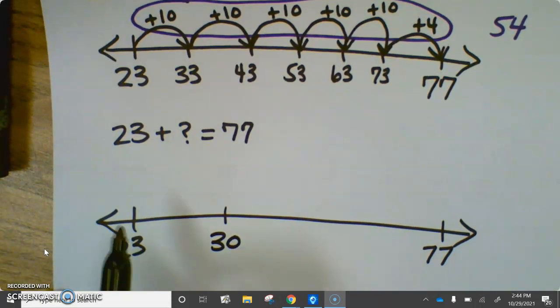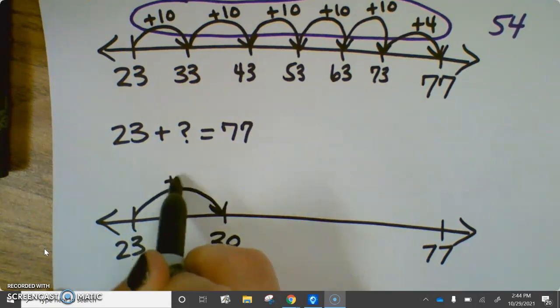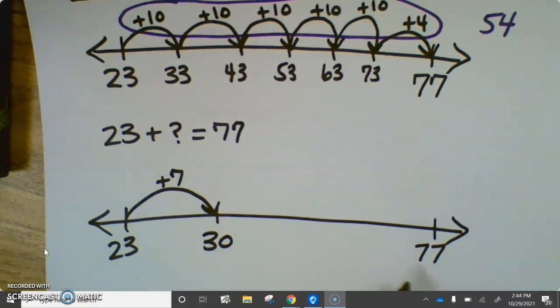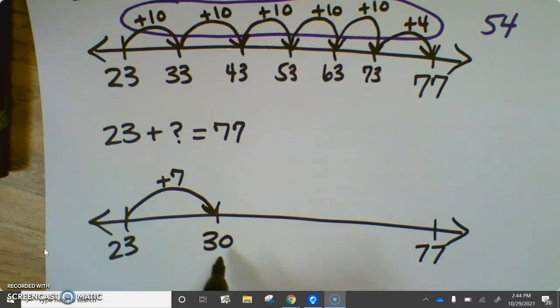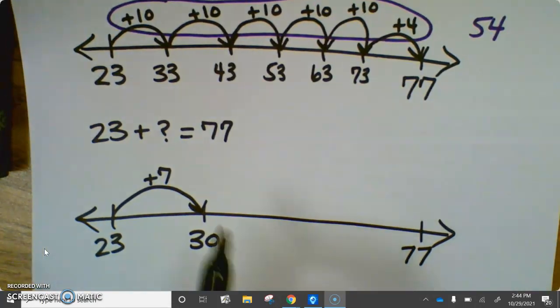And now we're going to say, what do we need to add to 23 to get to 30? 23 plus what equals 30? 23 plus 7 equals 30, okay? So now we're at 30 and we need to get to 77. Now that we've added our ones and we got to a landmark number with a 0 in the ones place, now we can add tens until we get super close to 77.